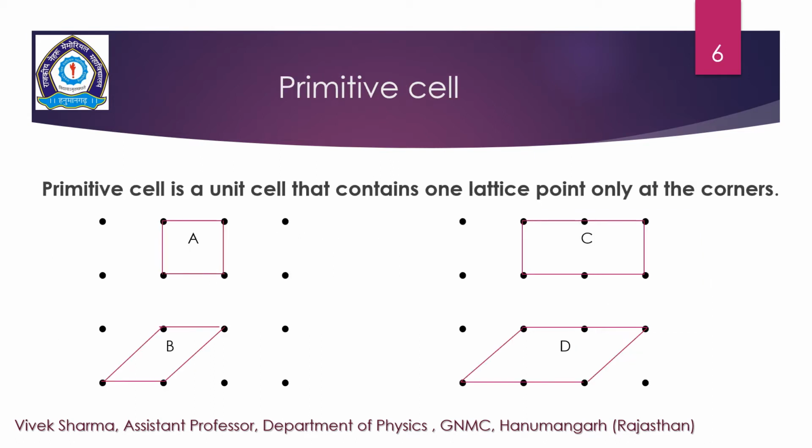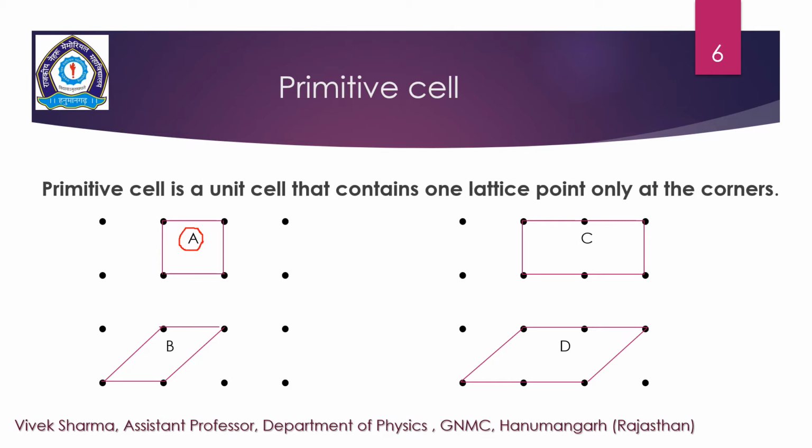So if the crystal structure is two-dimensional, then it is obvious that the unit cell will be two-dimensional. Now the primitive cell. A primitive cell is a unit cell that contains lattice points only at the corners. Now we have shown a two-dimensional lattice. In this structure, these are all unit cells.